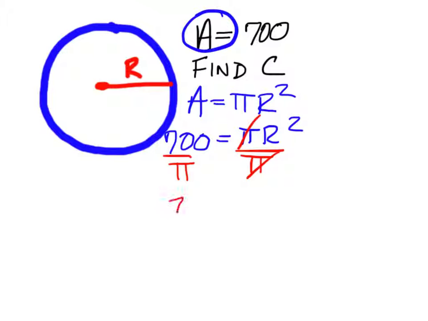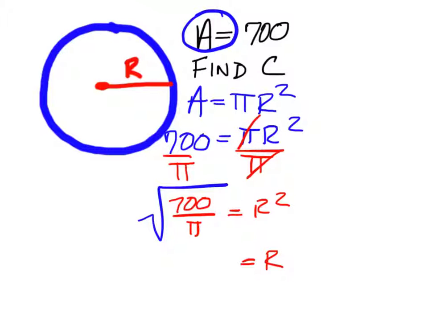When you do that, you're left with 700 over pi equals r squared. To get just r instead of r squared, you need the square root of that item on the left. We'll just keep it that way for right now.